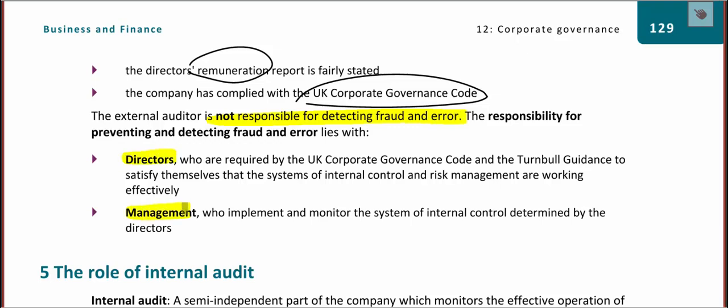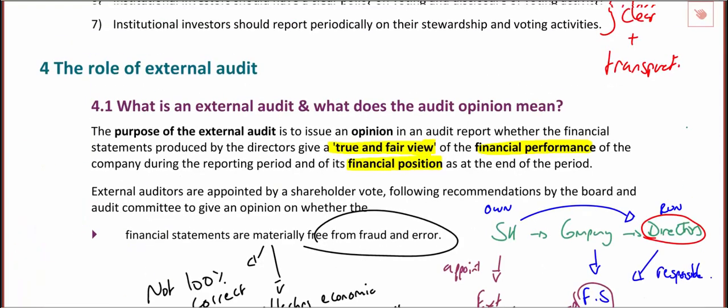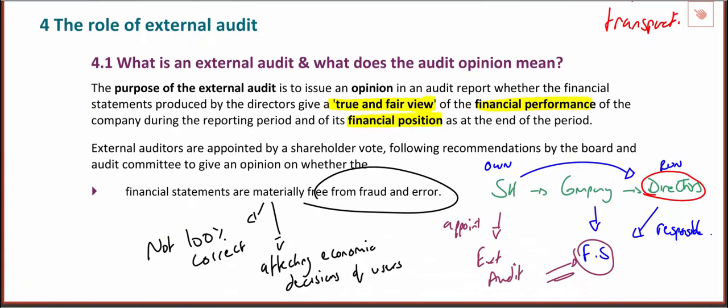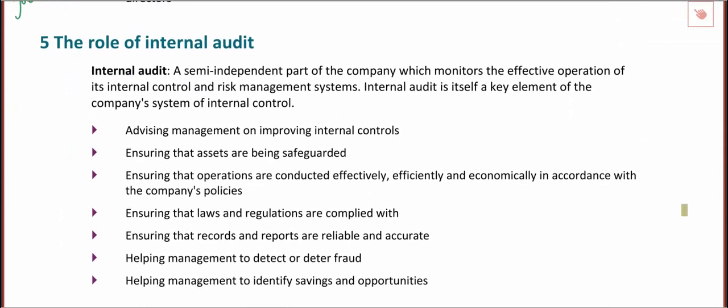We'd call directors and senior management collectively those charged with governance. So we try and get around the agency problem by having external audit come in and have a look over those financial statements for us.